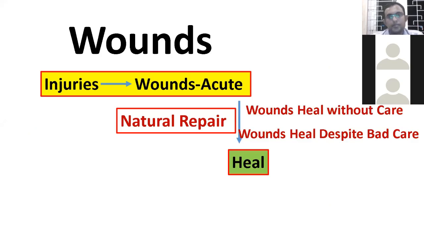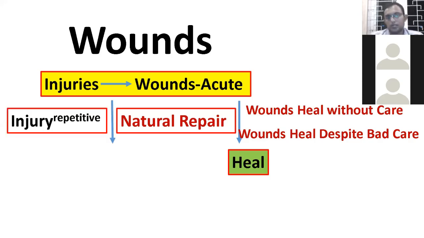So since the body wants to heal, about 90% of wounds heal without any care, and some of the wounds even heal despite bad care, because the natural healing process is strong. So what makes a chronic wound? It's very difficult to produce a chronic wound.